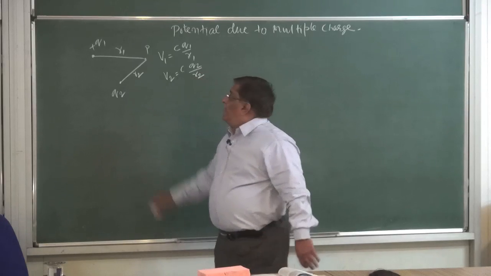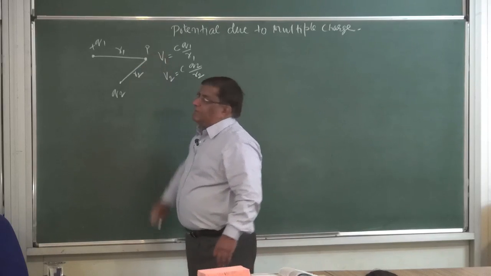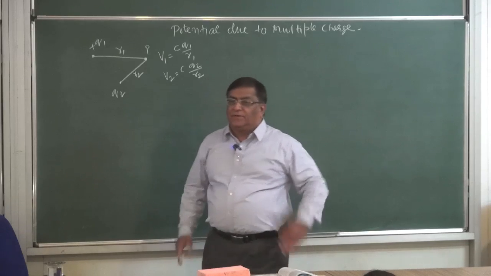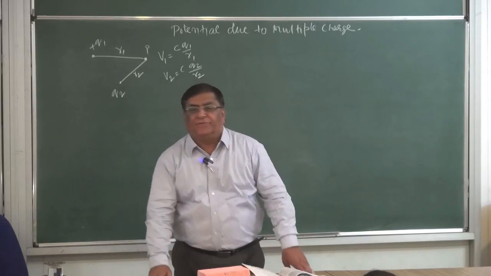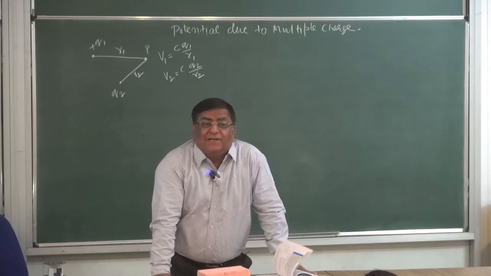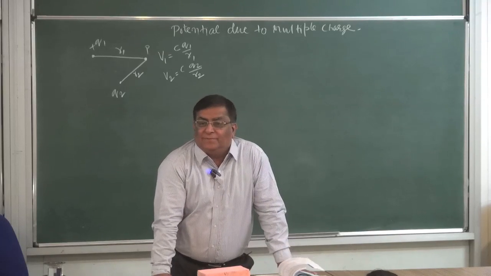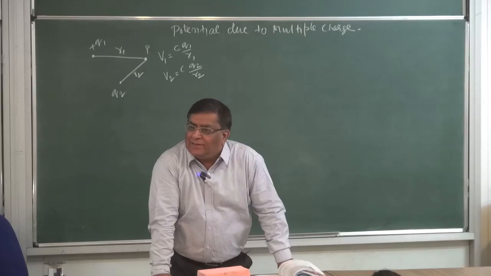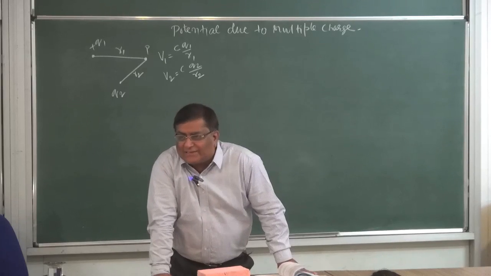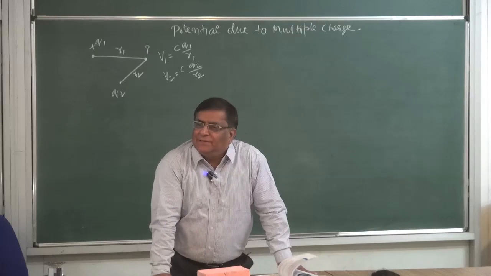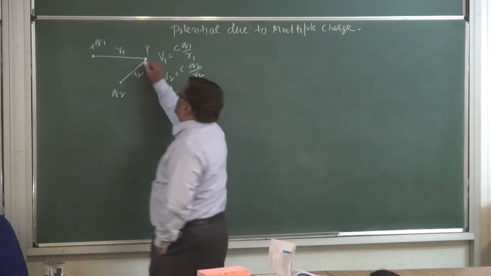Right? Now, how much is the potential this P has got? Both are coming from different directions. Does it make a difference? Answer: no, it does not make a difference. And that is the convenience and beauty of potential. Why? Because potential is a scalar quantity. No direction, no vectors. So for addition, what do we have to do? A simple addition. So what will be the total potential here?